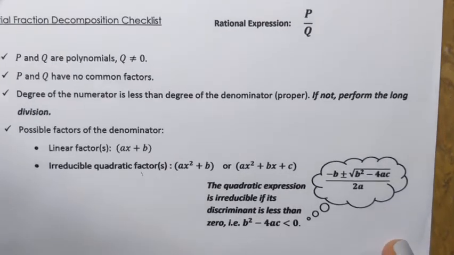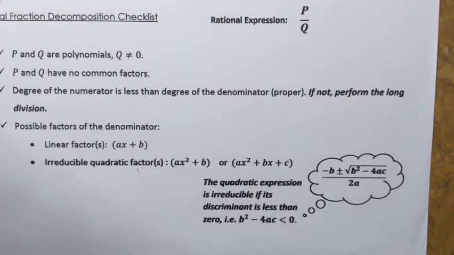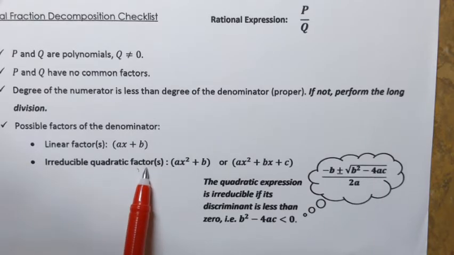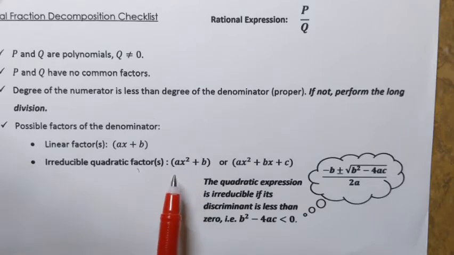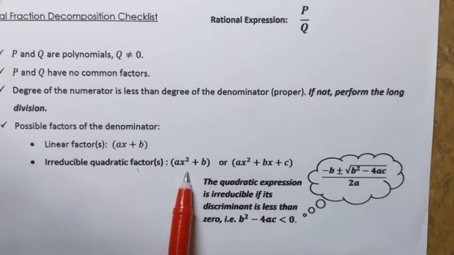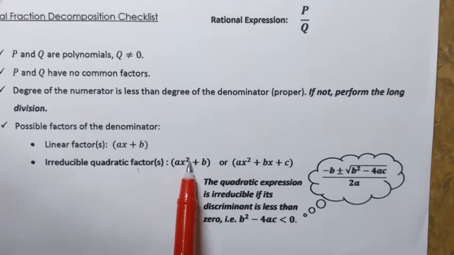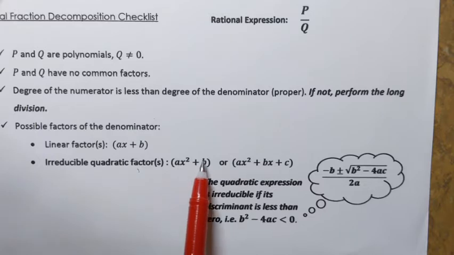Another option is that the factors of the denominator could be irreducible quadratic factors. Now, what kind of form can they have? Well, an irreducible quadratic factor can come in the form of a binomial, just 2 terms, ax squared plus b. That second power makes it quadratic, right? A and B are some numbers, but it's going to be irreducible.